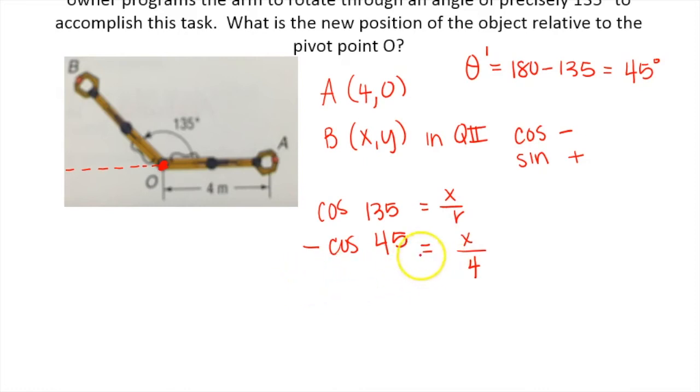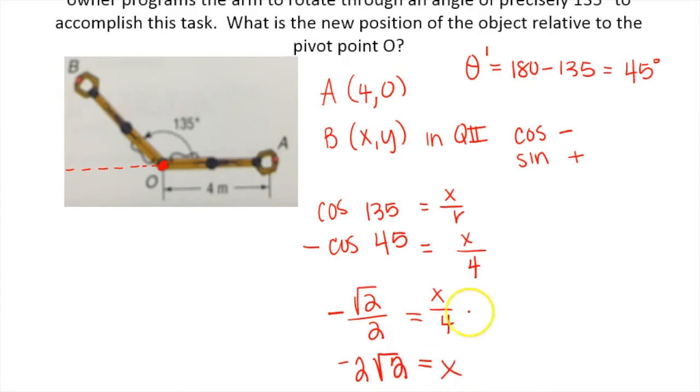Okay. We also know that cosine of 45 is the square root of 2 over 2, referring back to our table from 13.1. So then, if it's negative cosine of 45, it's negative square root of 2 over 2. If that's equal to x over 4, then negative 2 times the square root of 2 is equal to x when I multiply that 4 over.